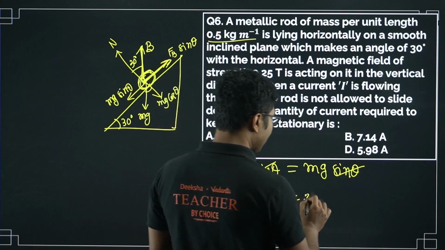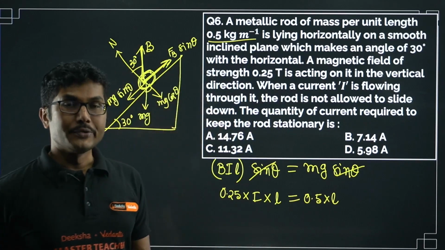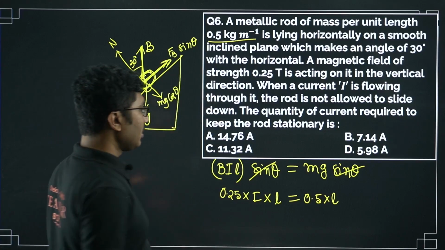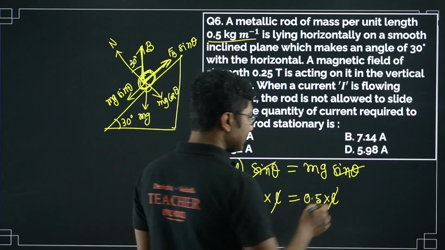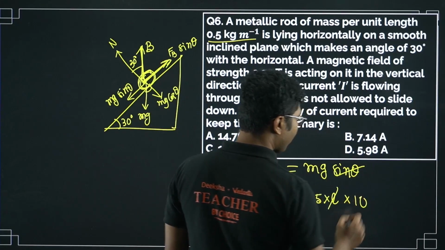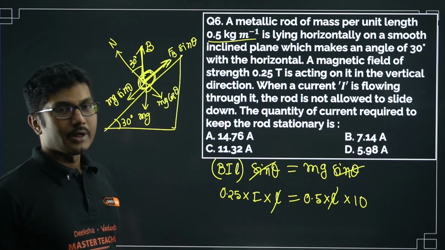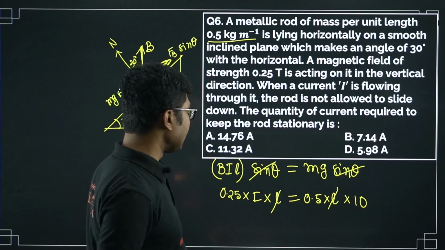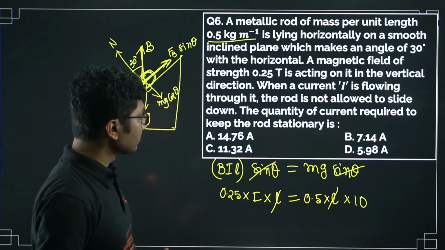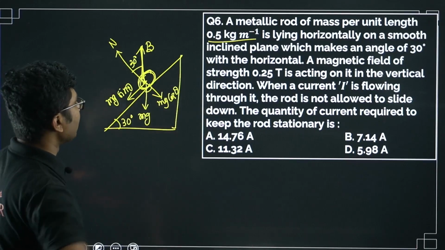Mass per unit length is given means total mass will be mass per unit length into the length of the wire. So basically L will cancel. Let's take g as 10 for now. I think they have solved it assuming g is 9.8, but we will try to solve it with g as 10, other than that it will be very, very easy. Now let me explain why it is not sin theta.